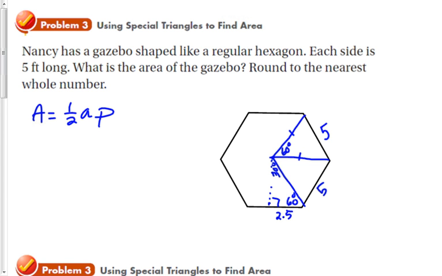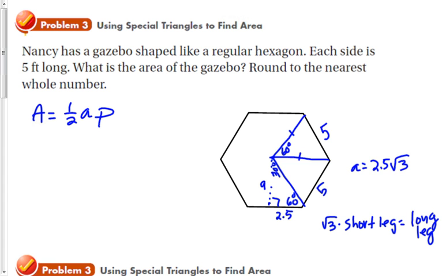And if you remember, the long leg of a 30-60-90 is square root of 3 times the shorter leg. So in this case, a is equal to 2.5 times the square root of 3.